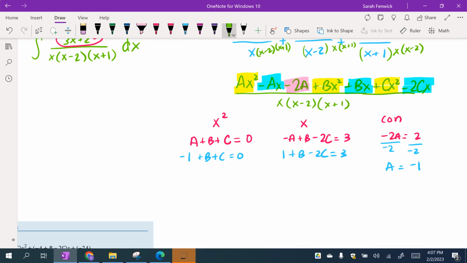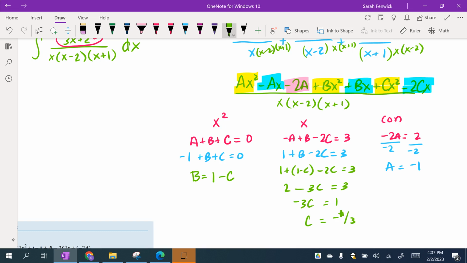So I'm going to say b equals 1 minus c. So 1 minus c plus 1 minus 2c equals 3. 1 and 1 is 2, minus c minus 2c is minus 3c equals 3. Subtract 2, so negative 3c equals 1. Divide, and c is negative 1/3.